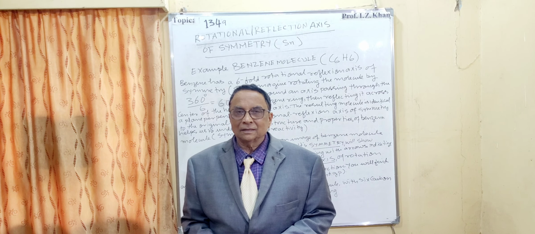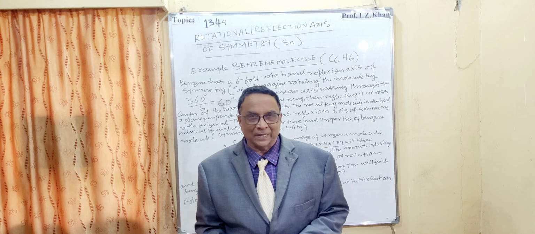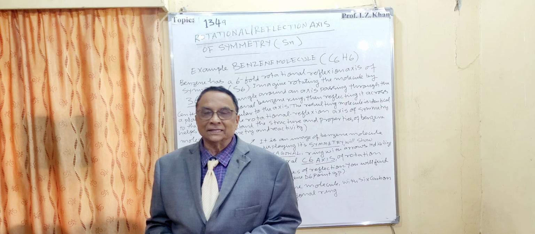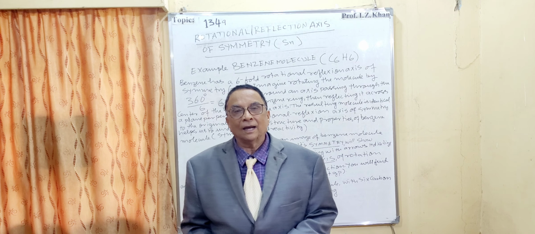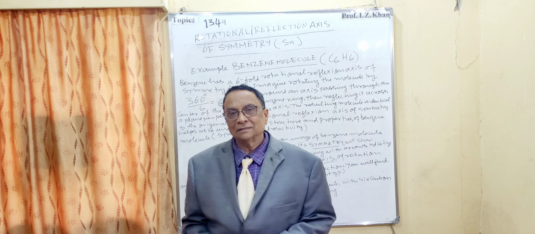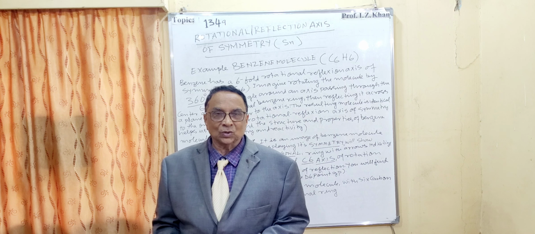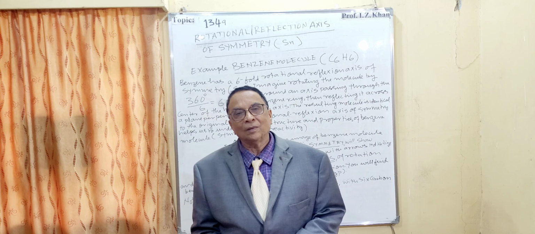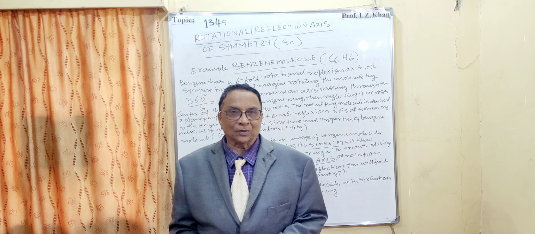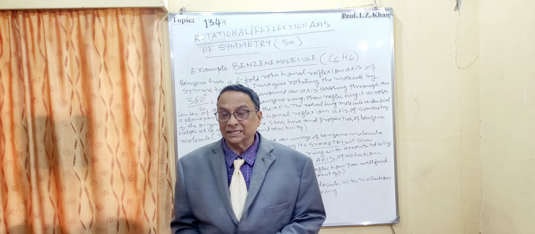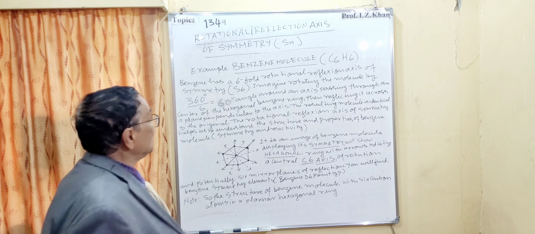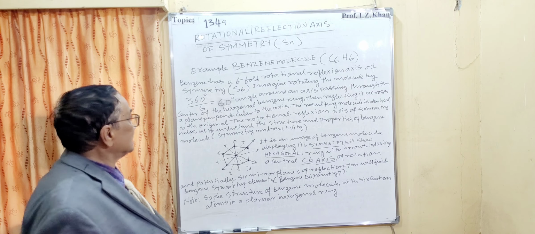So here the second example I have taken is benzene, which contains 6 carbon atoms. It is a hexagonal ring and the number of S is 6. So in this case, 360 degrees divided by 6 means its angle of rotation is 60 degrees. Here the example is the benzene molecule C6H6.